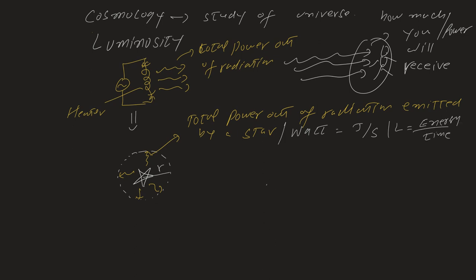As I told you earlier, the radiation emitted by a star spreads out through a spherical shell. The radius r of the spherical shell increases with respect to time. That is, as you move further apart from the star, the radius starts to increase.